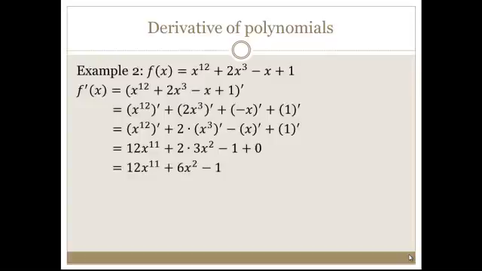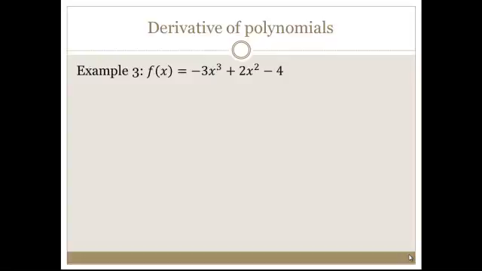Simplifying this, we have 12 times x to the 11th plus 6x squared minus 1. So the derivative of x to the 12th plus 2x cubed minus x plus 1 is 12 times x to the 11th plus 6 times x squared minus 1.